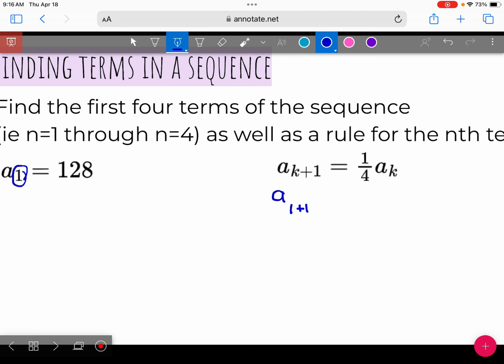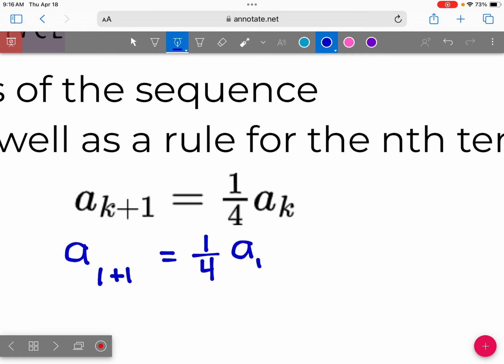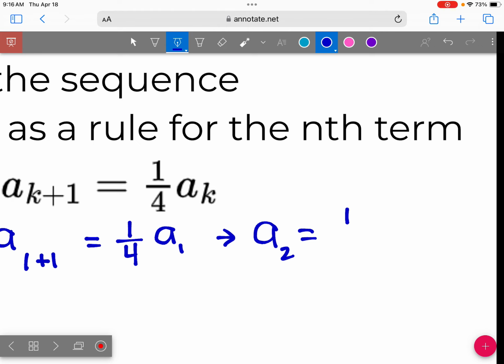So I know 1. So I'm going to use my k of 1. That's going to be 1/4 times a sub 1. Or a sub 2 is 1/4 times 128.